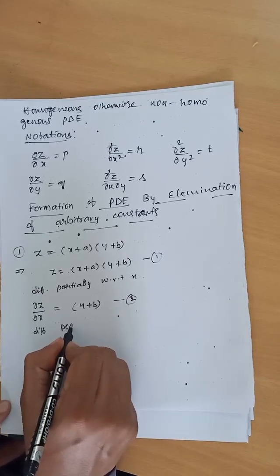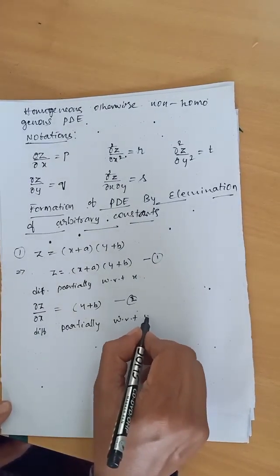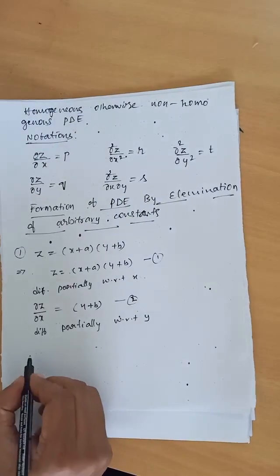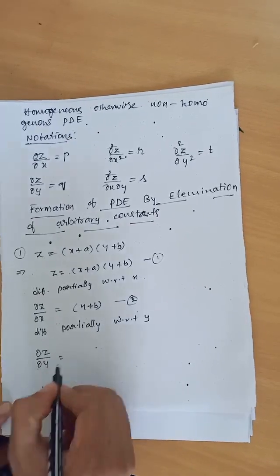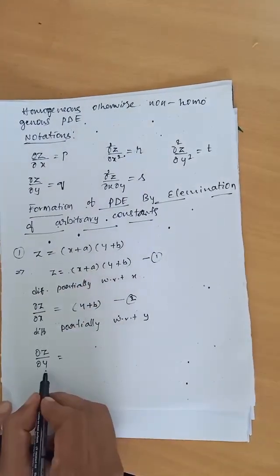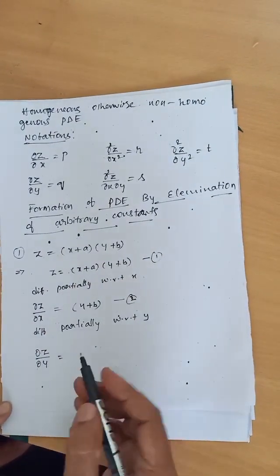Now differentiate partially with respect to y. That is dou z by dou y. What happened in the right hand side? With respect to y we differentiate only y, treating other variables as constants.